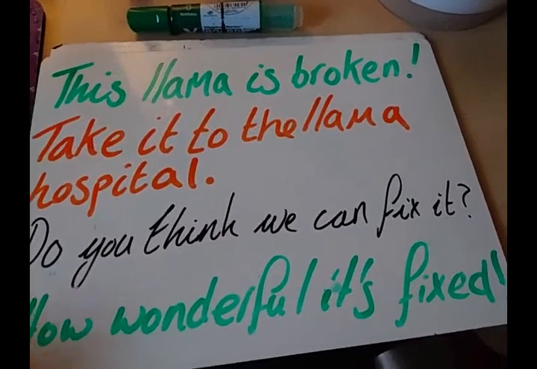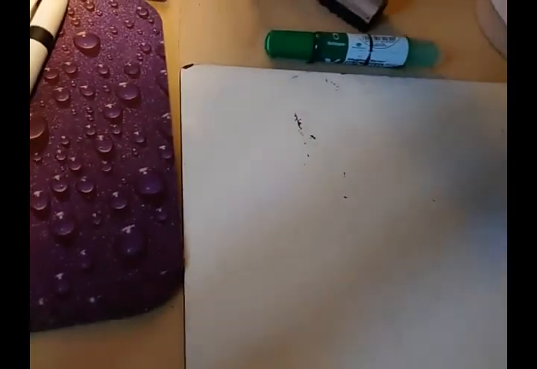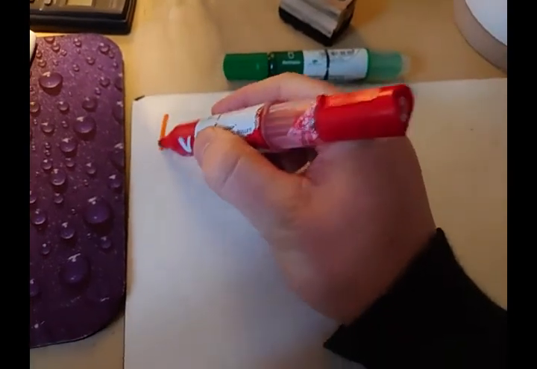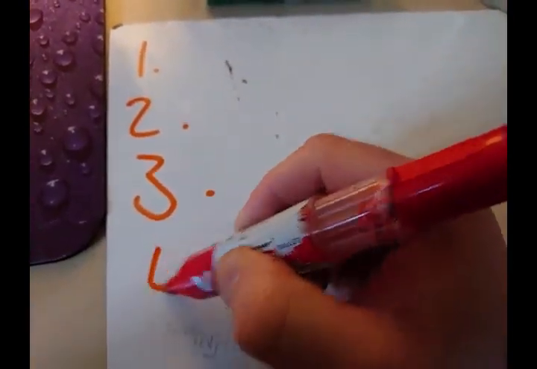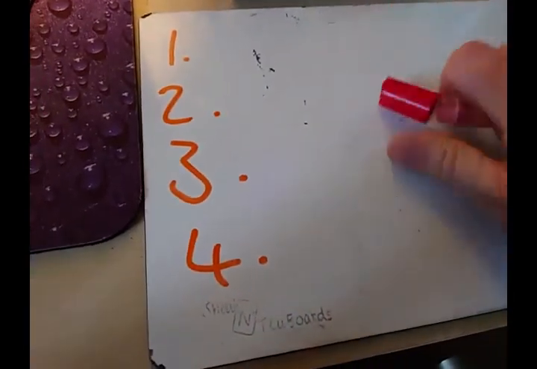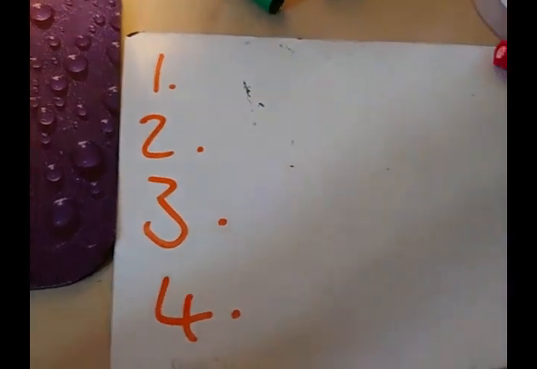Well, first of all, let's have a think about what the four types of sentences are. If you think you already know, pause the video and write them down. Four different types of sentences. What are they?